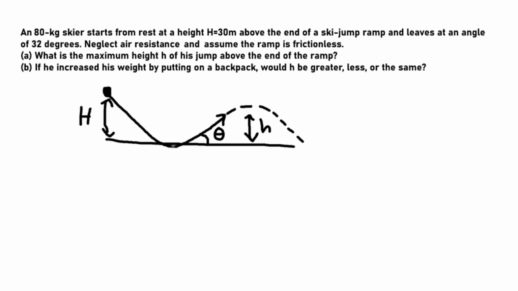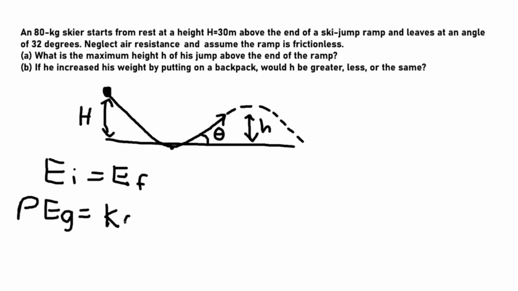So we got this point, and then we got this point. Then we're going to have energy initial equals energy final. At the initial point there is only gravitational potential energy. At the final point, we're going to have kinetic energy final.